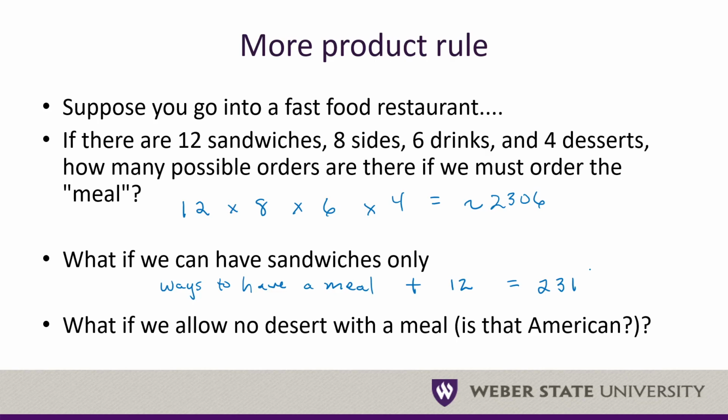We're no longer multiplying because we're not providing combinations of things that we put together. We're instead offering alternatives that don't matter. So this would be ways to have full meals or sandwich only.